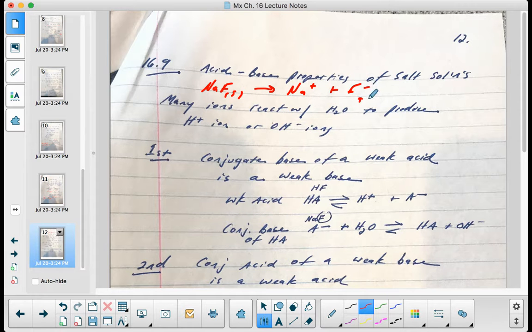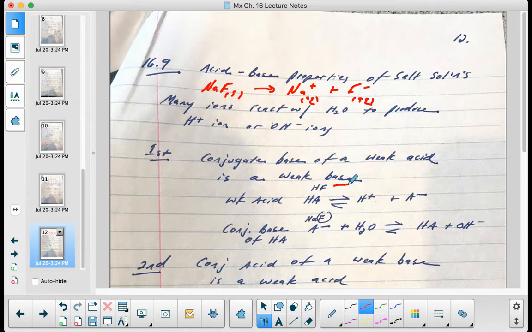So what we know is that it's possible for this ionic substance to act like an acid or a base. So here's what we know: the conjugate base of a weak acid is a weak base.